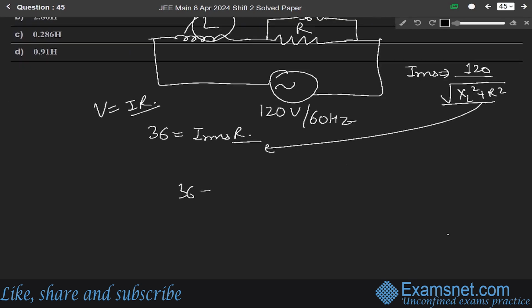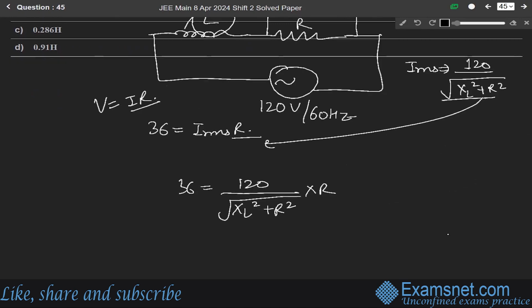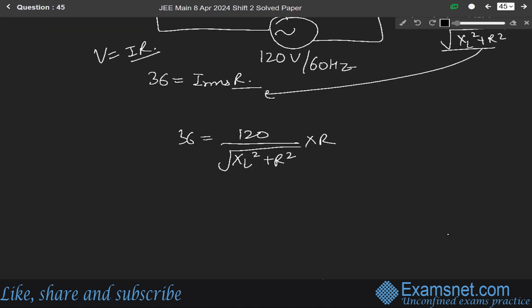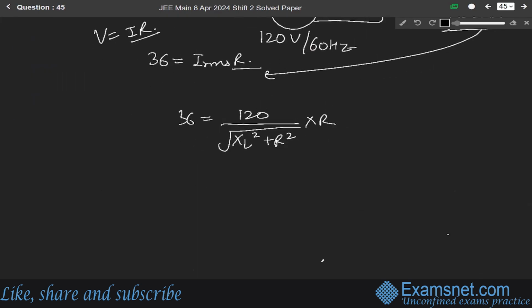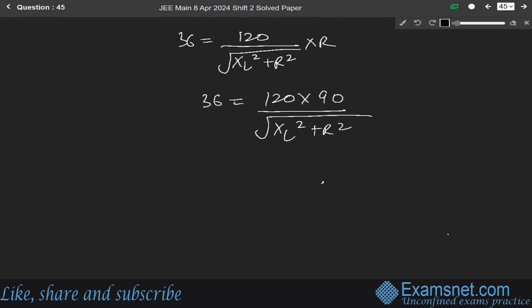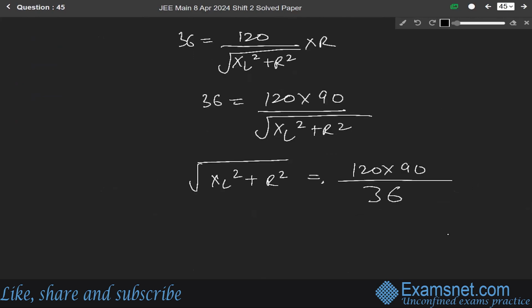So 36 will be equal to 120 over square root of XL square plus R square, into R. In the question we are given R as 90 ohm. So put here 36 equals 120 into 90 over square root of XL square plus R square. So square root of XL square plus R square is equal to 120 into 90 over 36.